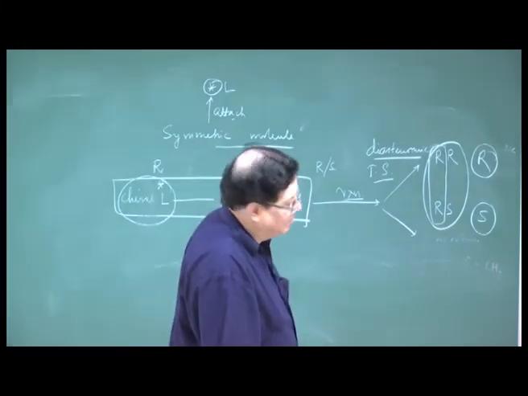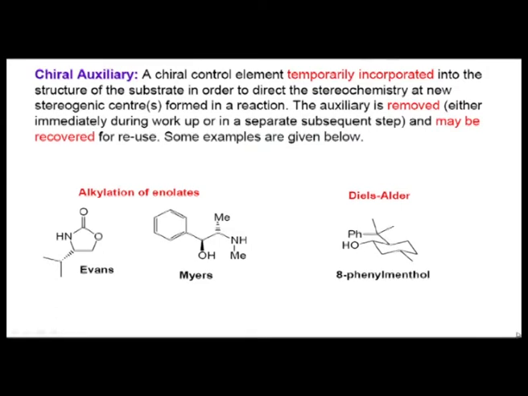Now, let us see here. Chiral auxiliary: a chiral control element temporarily incorporated into the structure of the substrate in order to direct the stereochemistry at new stereogenic centers formed in a reaction. The auxiliary is removed either immediately during workup or in a separate subsequent step and may be recovered for reuse.